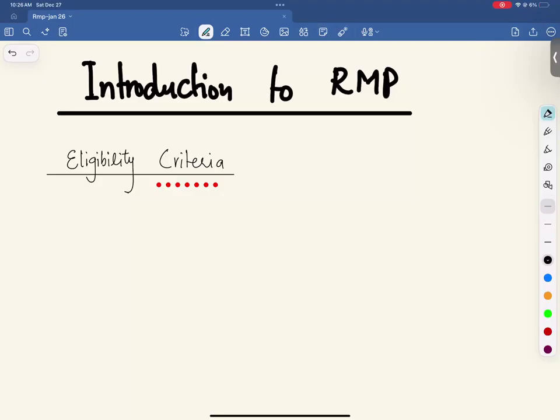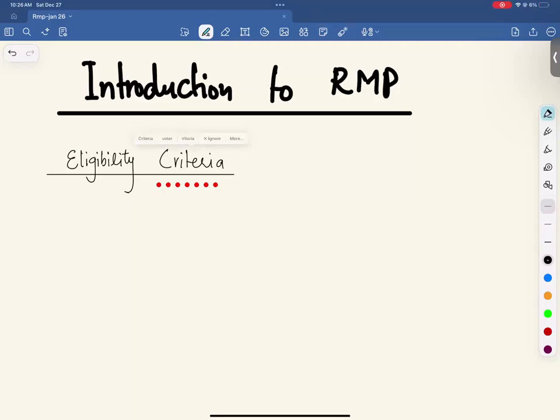Yes, the eligibility criteria is that an applicant should have 3 years of experience in project risk management, and 16 years of education. That's a rough estimation.